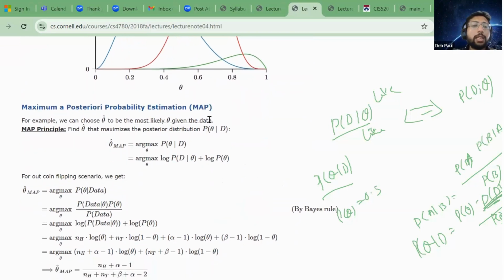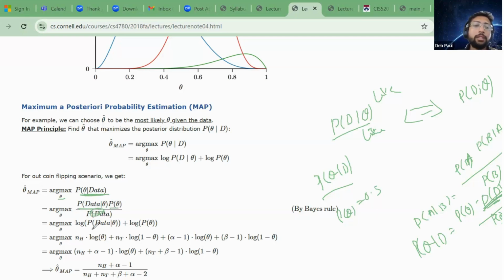So again, we have some data, and basically this is called maximum a posteriori probability estimation, or MAP, and you will see MAP come up in a lot of scenarios. What it's saying is that I have to take theta such that this posterior is maximized, and this is a function of the likelihood and my prior.